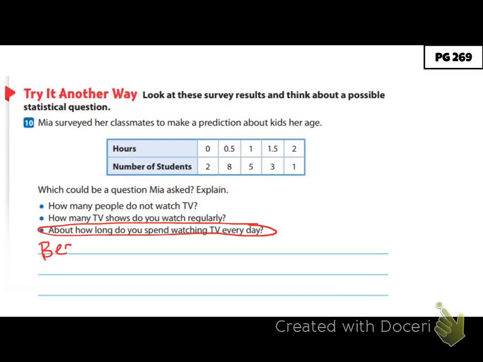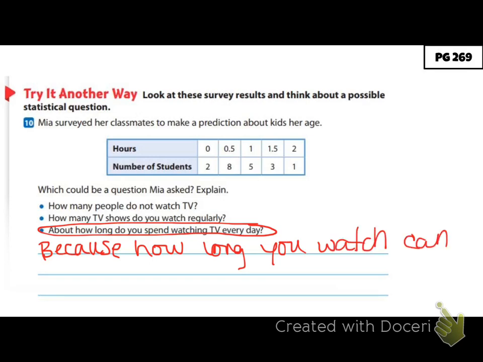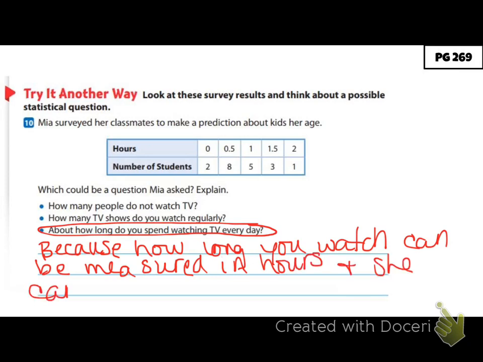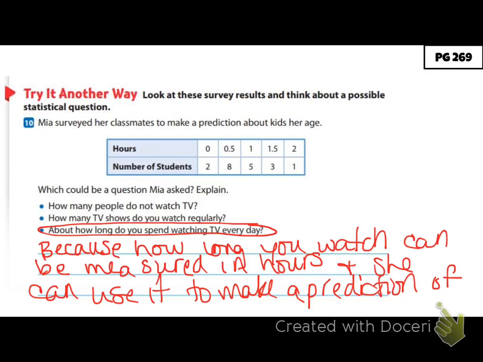So we can say it's that one because how long you watch can be measured in hours. And she can use it to make a prediction of how long kids watch TV.